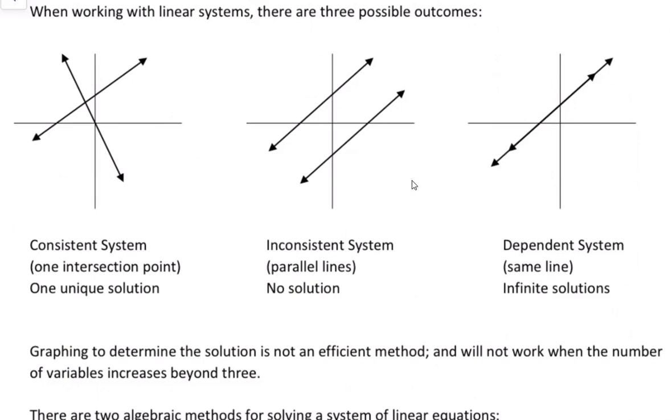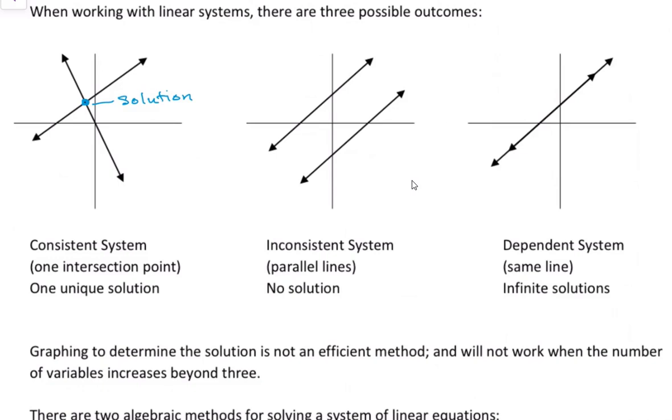And there are three things that can happen. The first one there shows the two lines intersecting at one point. So that one point where they intersect is the solution to the system. So graphically, I can see where that solution is. And when I have one unique solution to the system, it's called a consistent system.